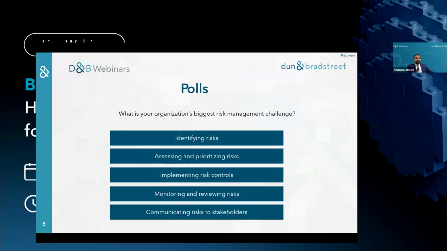So let's start off with a poll, and this should start coming to you now. And this should be on your screens as we are speaking. So the question is, what is your organization's biggest risk management challenge? You can choose either one. I can see some people have already started responding.